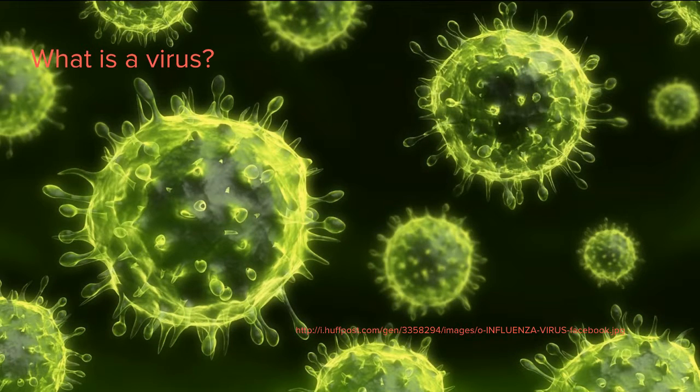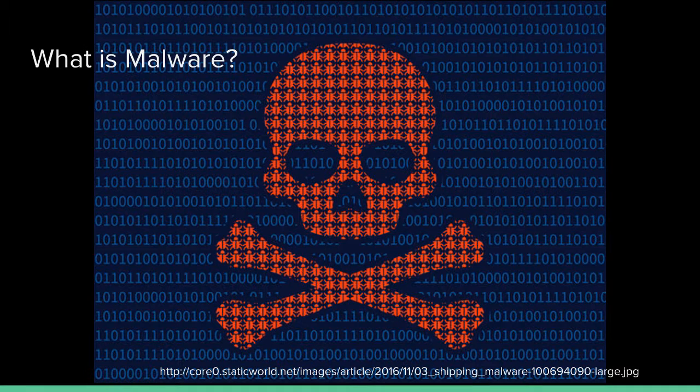Whereas the next question is, what is malware? Malware is basically any piece of software that is used to disrupt computer or mobile operations, gather sensitive information, gain access to private computer systems, or display unwanted advertising. So when we're talking about a lot of the stuff that we end up getting, malware is the umbrella term that everything fits under.